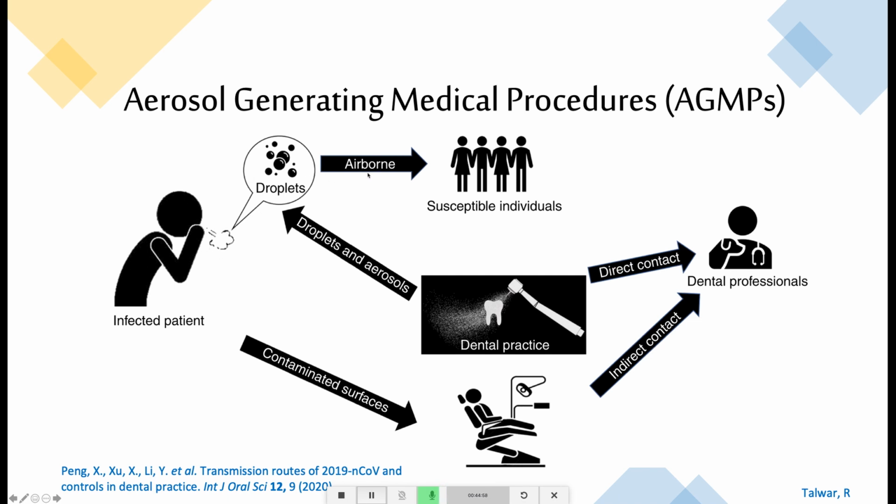They do talk about airborne, but at this point, with them coughing and sneezing and us being in their world performing dental procedures and oral surgery procedures that actually produce aerosols, then we have direct contact with that person. This is where you can have contamination of self, contamination of assistants, and of course, contamination of surfaces.